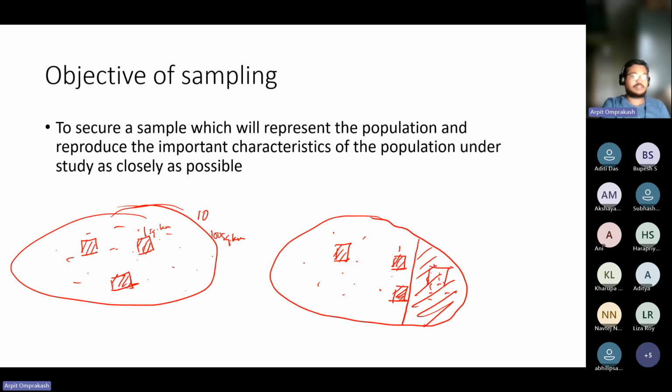On the other hand, if we sample more locations like this, we might get a higher value for population density or population size, and that is also something we don't want. So ideally, the objective of sampling is to secure a sample which will represent the population and reproduce important characteristics.